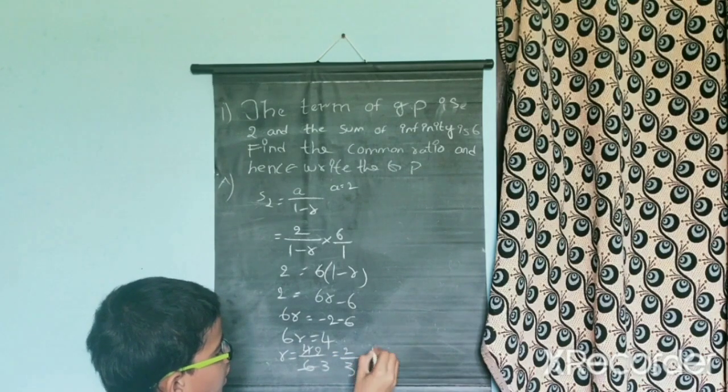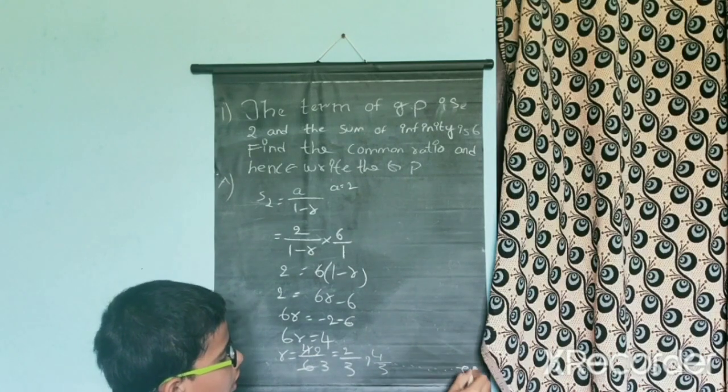The numbers are 2 by 3, 4 by 3, and so on.